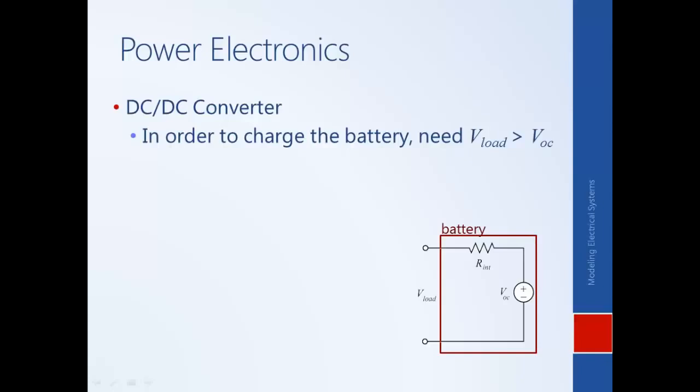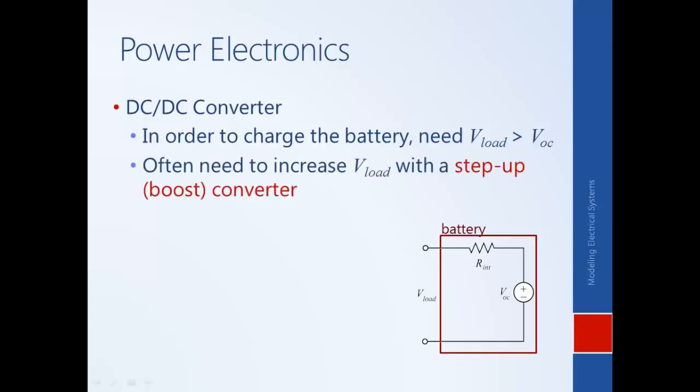If we had a braking event, with regenerative braking driving a generator, which is in turn generating voltage, we wouldn't be able to charge the battery for small braking events because the voltage would be too low. But we can use a step-up or boost converter to step the voltage from the generator up to a high enough level that it can actually charge the battery.